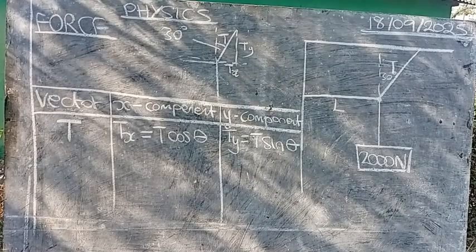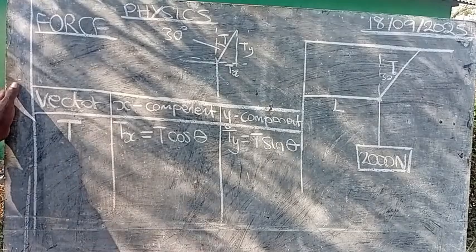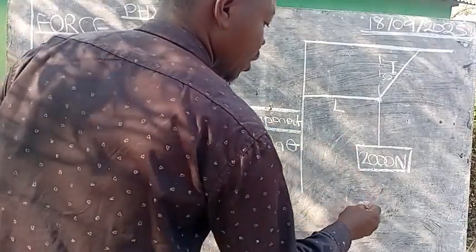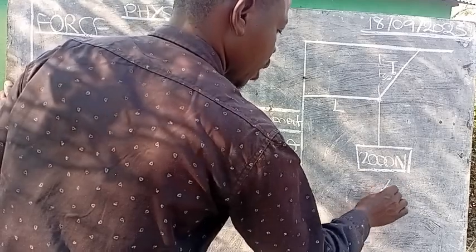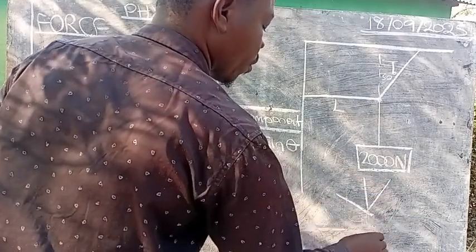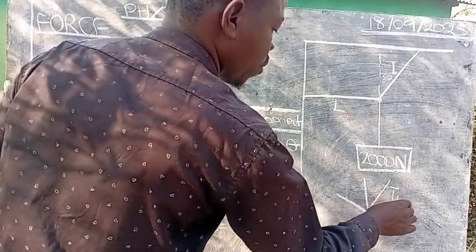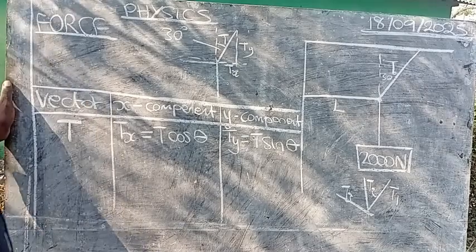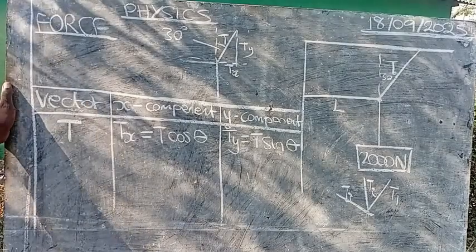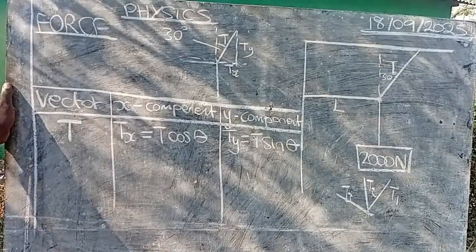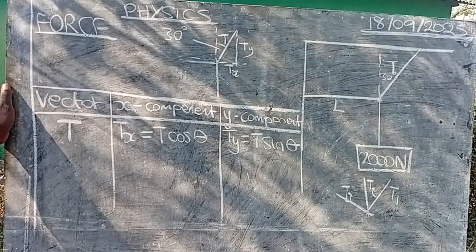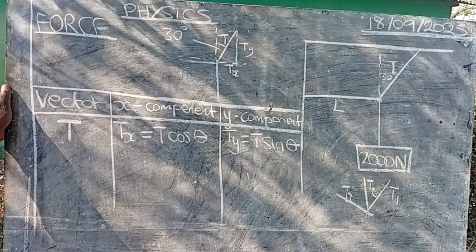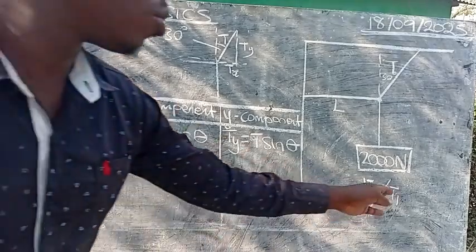There are diagrams that usually come with more vectors. They can give you something like so, where you have T1, T2, T3. Then they ask you to find the resultant tension or resultant force, which means we have to resolve the components of each vector.